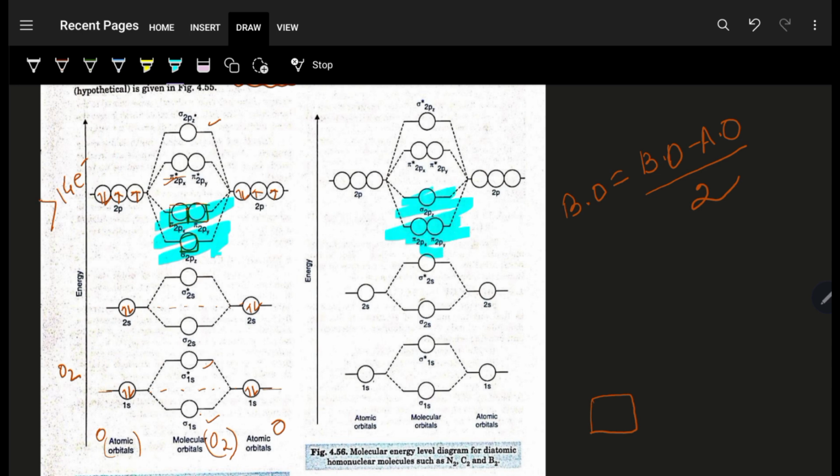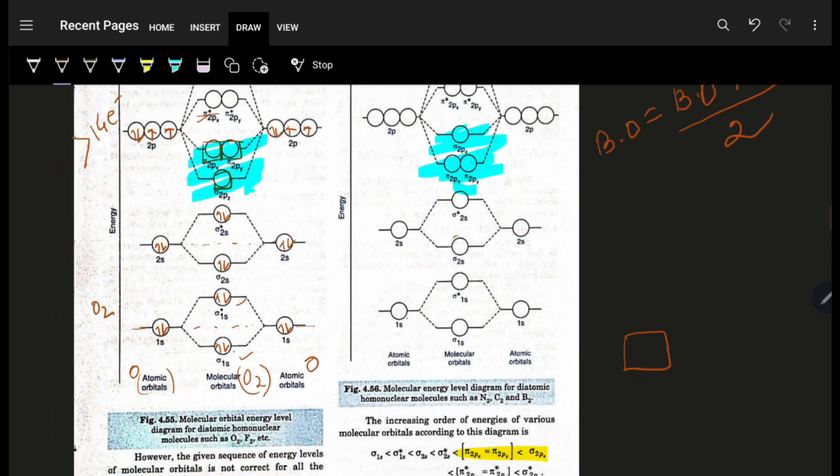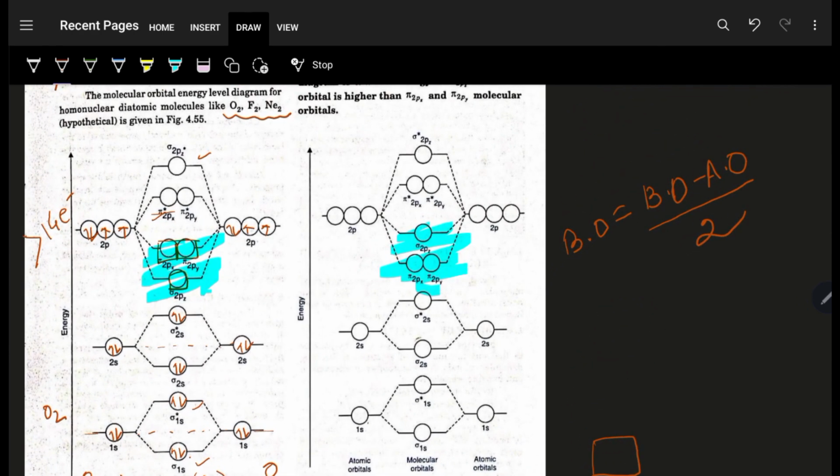If I am going to show O2, which has 16 electrons, then I will write sigma 1s2, sigma star 1s2, sigma 2s2, sigma star 2s2. So 1, 2, 3, 4, 8. Now this again has 9, 10, 11, 12, 13, 14, 15 and 16, like this.